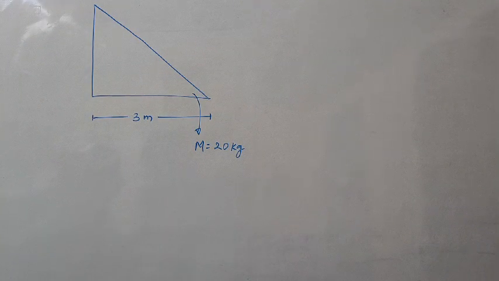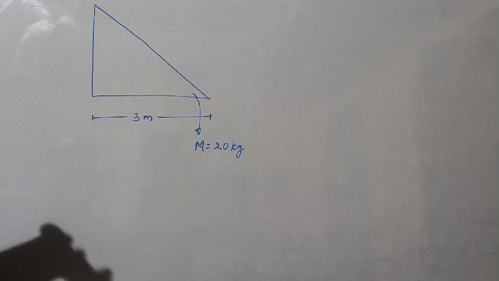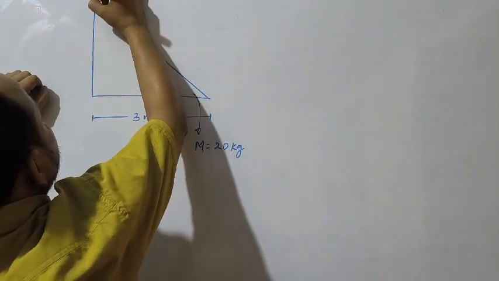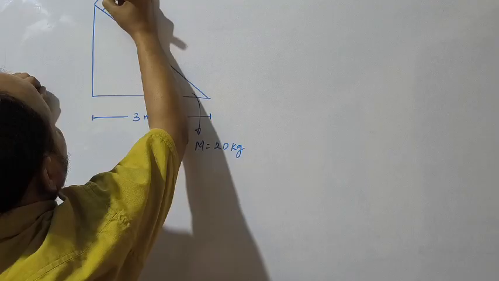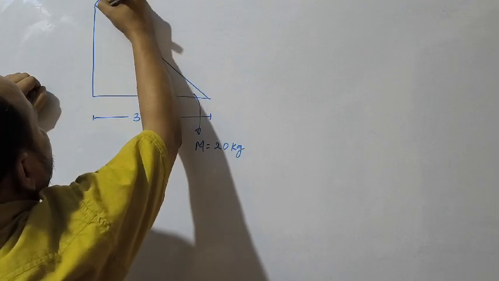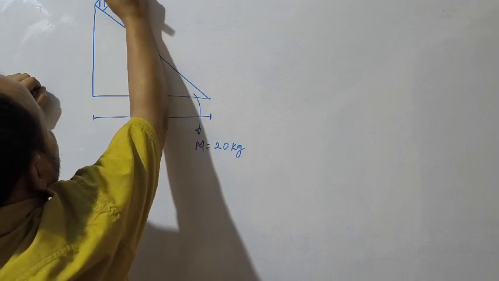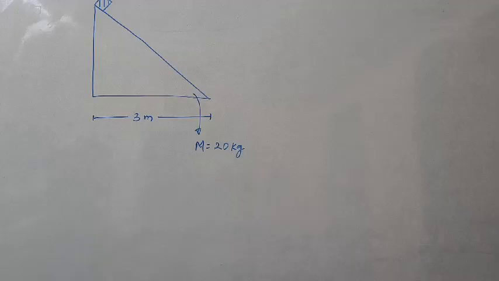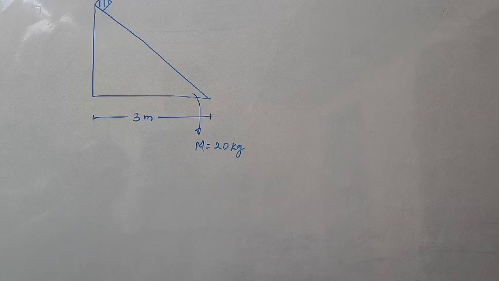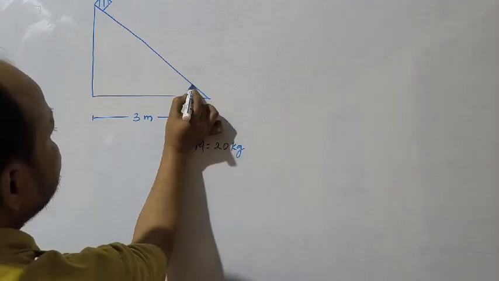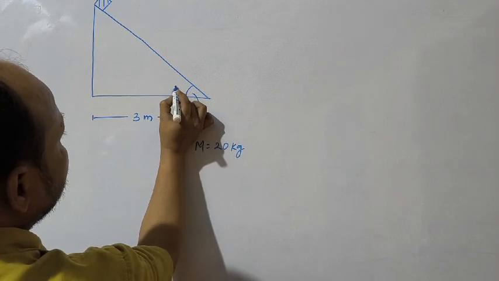Every surface is smooth. And this is a small block, small m. The contact surfaces are frictionless. This angle is, let's say, 53 degree.